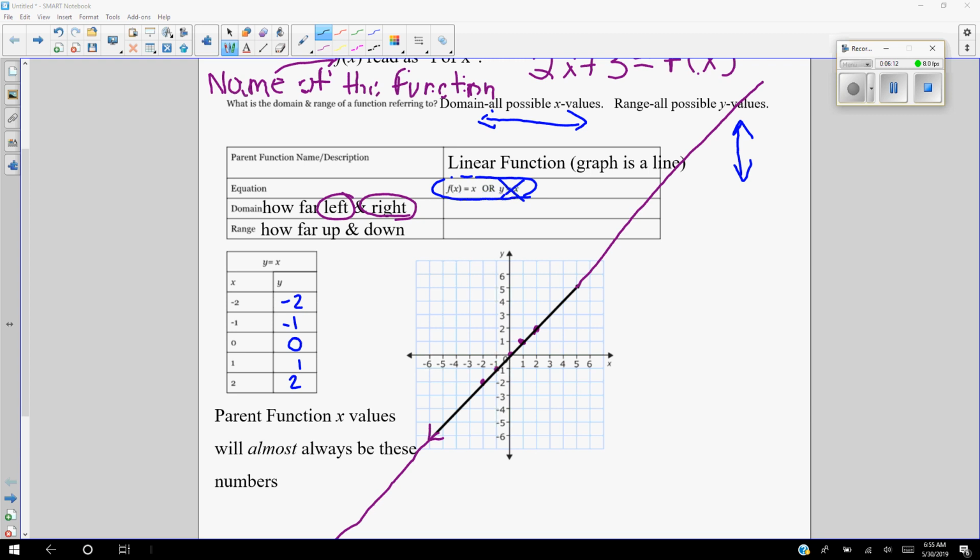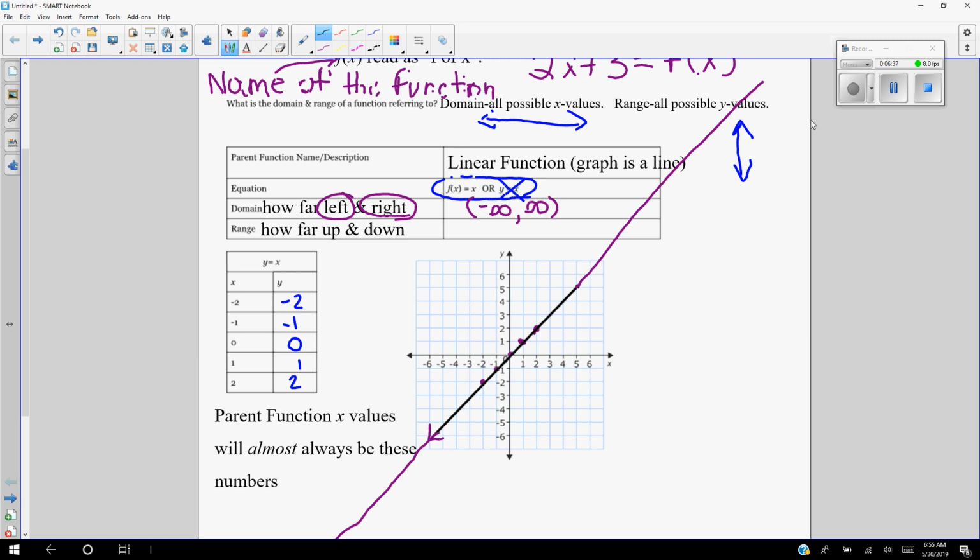So we're going to use something called interval notation, which is just a parenthesis. Since it's going left forever, the leftmost coordinate is negative infinity. So we put it on the left side. And since it's going right forever, we put positive infinity. And then we close our parenthesis.